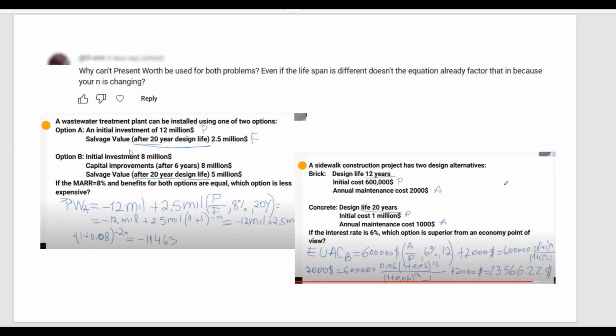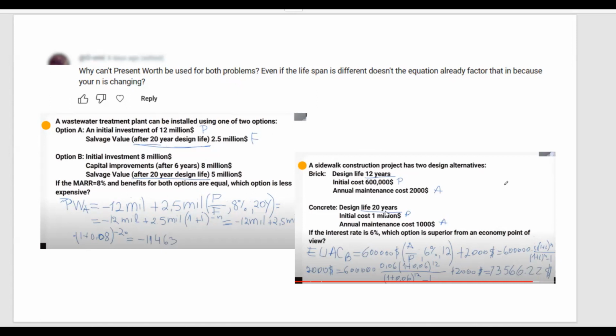Both of these options have a lifespan of 20 years, design life. So when you have the same amount of years, you use present worth to compare these alternatives or options. Now in the second problem, they have two options as well. And in order to compare these two options, which one is more profitable? Since they don't have the same lifespan or design life, you have to use a different type of converting this.